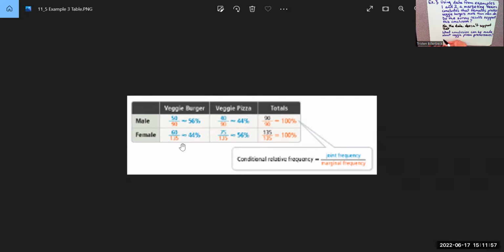So we can say that women prefer veggie pizzas more than men, based on this data.